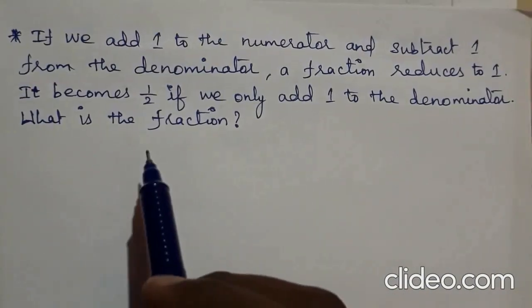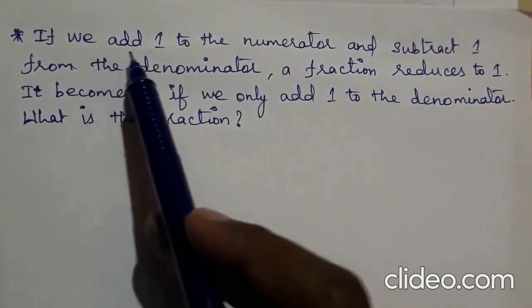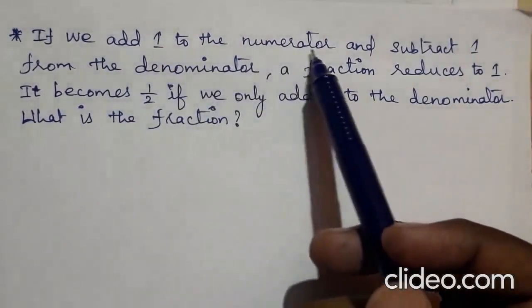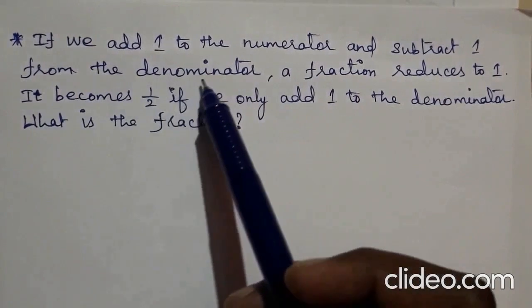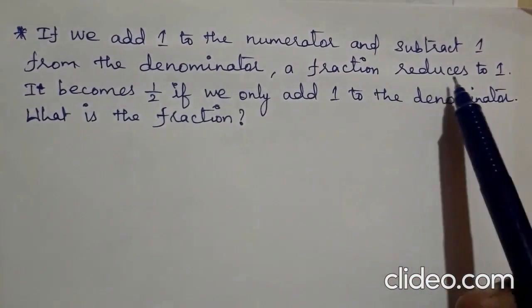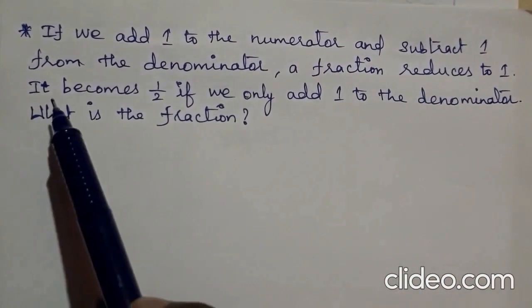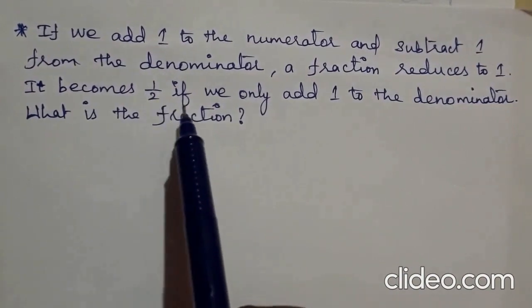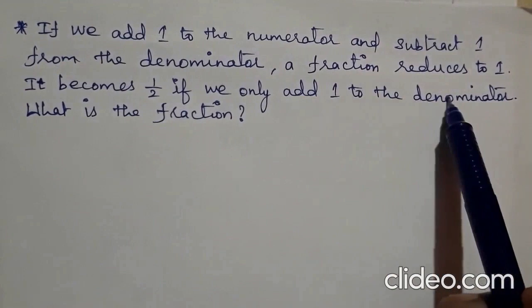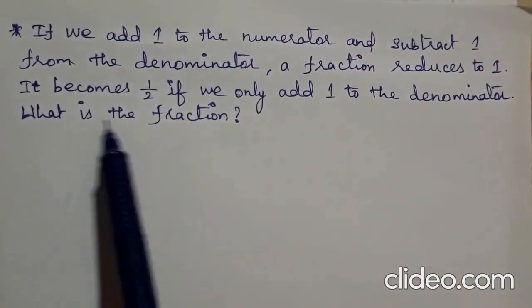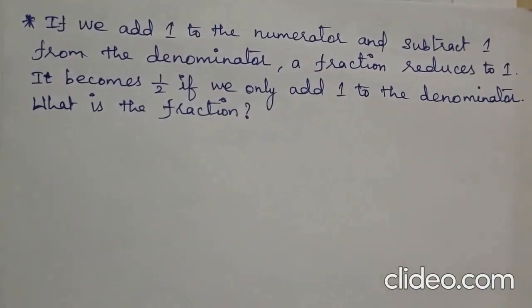So the next question is: if we add 1 to the numerator and subtract 1 from the denominator, a fraction reduces to 1. It becomes 1 by 2 if we only add 1 to the denominator. What is the fraction?